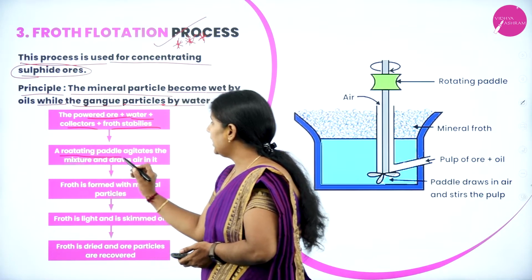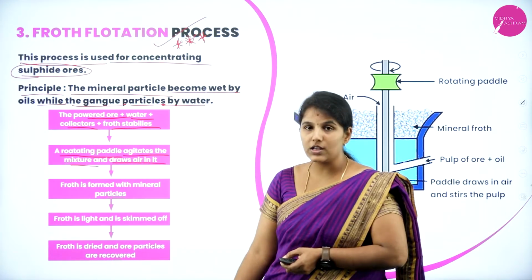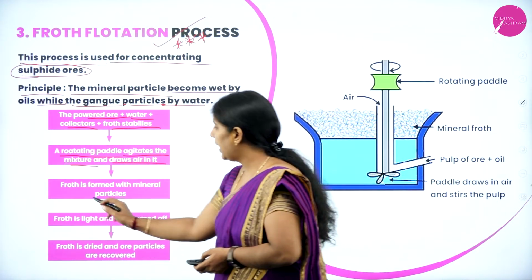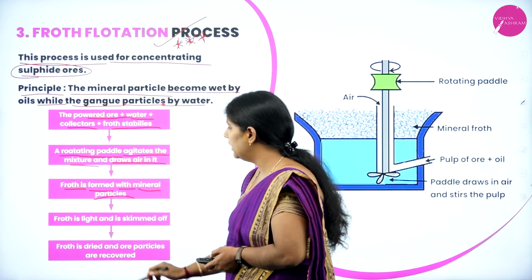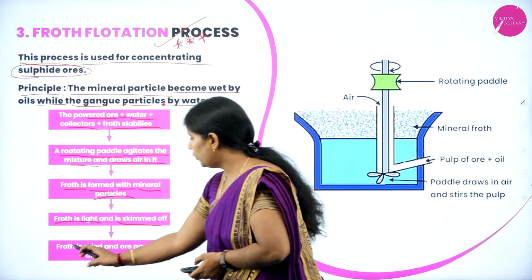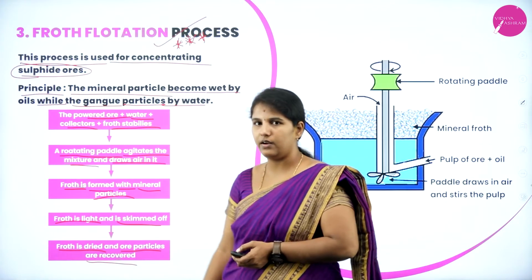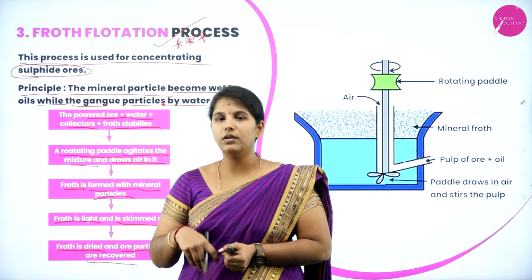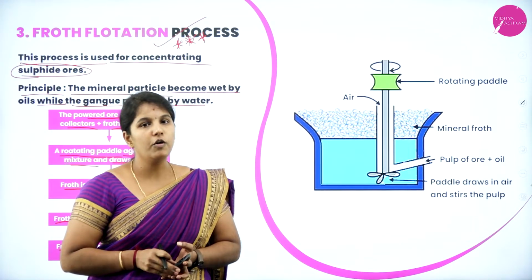Then a rotating paddle agitates the mixture and draws air into it. Froth is formed with the mineral particles, and the froth is light and is skimmed off. The froth is drained and then the ore particles are recovered. So this is how they extract the mineral ore in the form of froth.